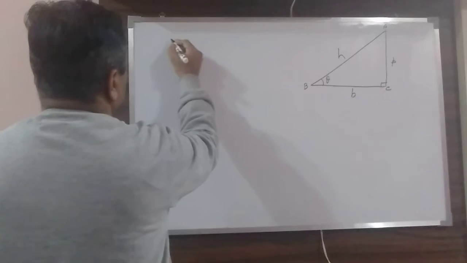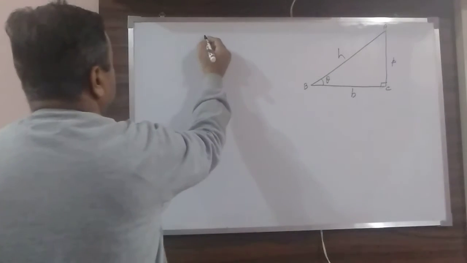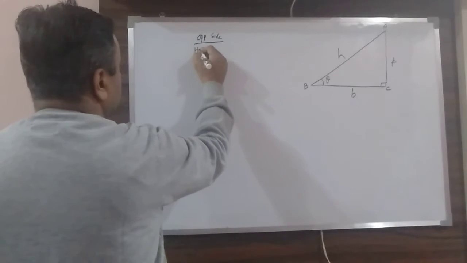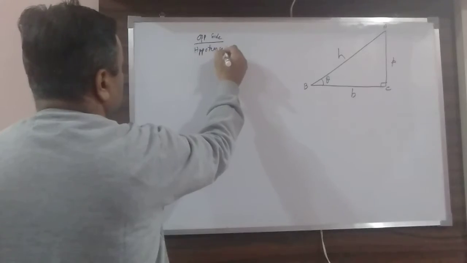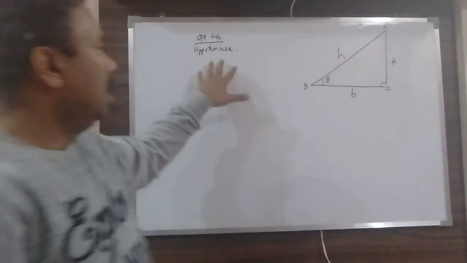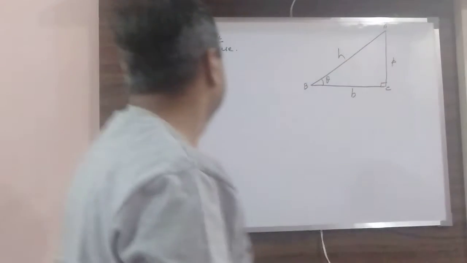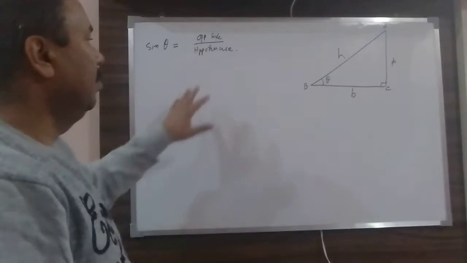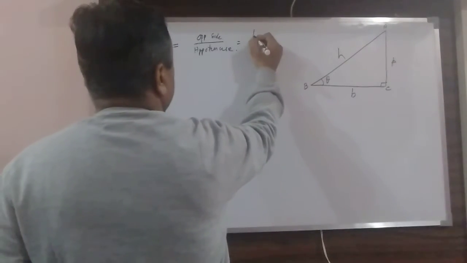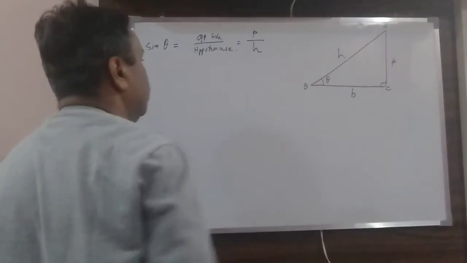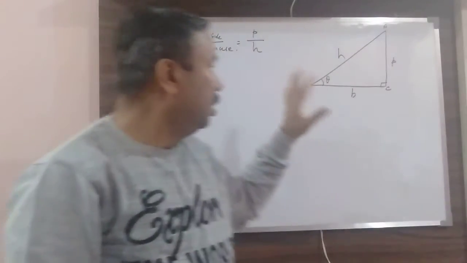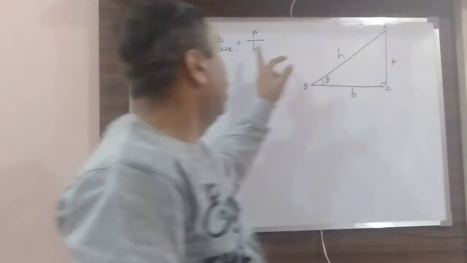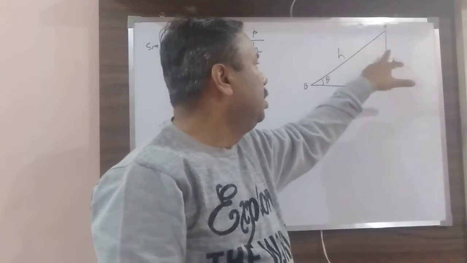First is the ratio with respect to this. I will take it as opposite side by hypotenuse. Okay, opposite side by hypotenuse, and this ratio is known as sine theta. Okay, or it can be written as P over H. Got it? So it can be written as opposite by hypotenuse. So one ratio I got from these two.